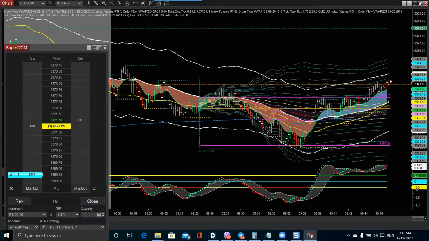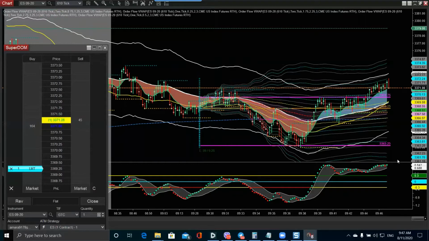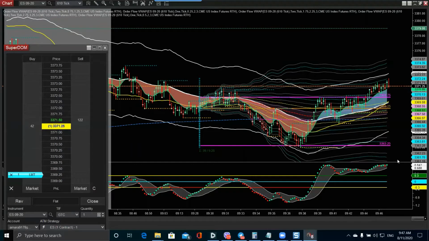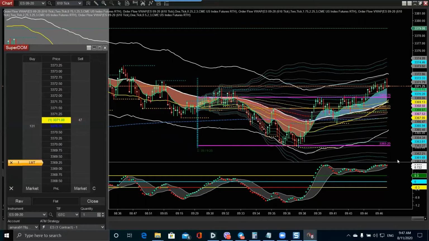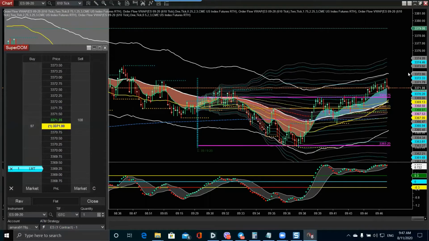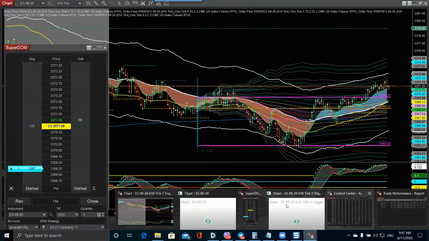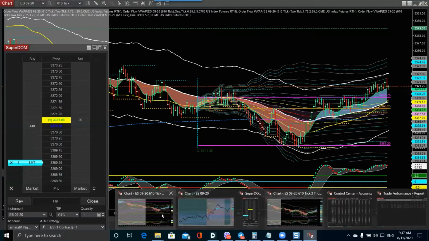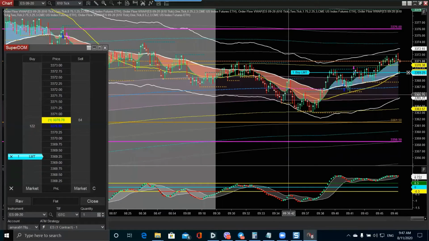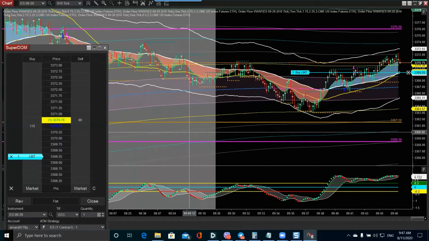Usually when it hits the plus 2 deviation, now you can see this VWAP forming for the intraday session. Well, this is more of the 24-hour session.